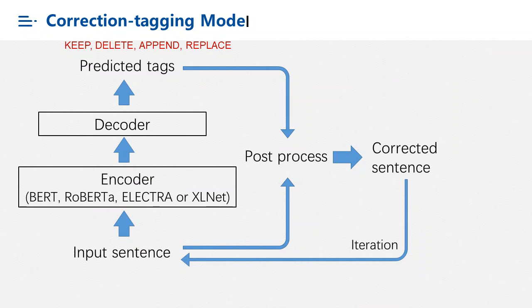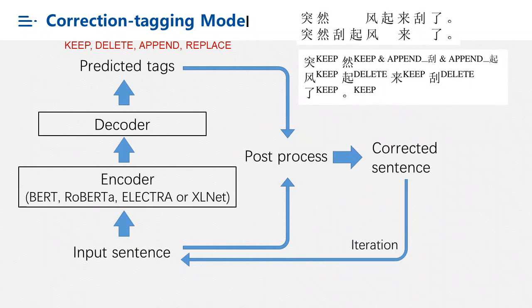For a sentence pair like this, source sentence is 突然风起来刮了. Target sentence is 突然刮起风来了. We align the source tokens with the target tokens and collect the added steps.